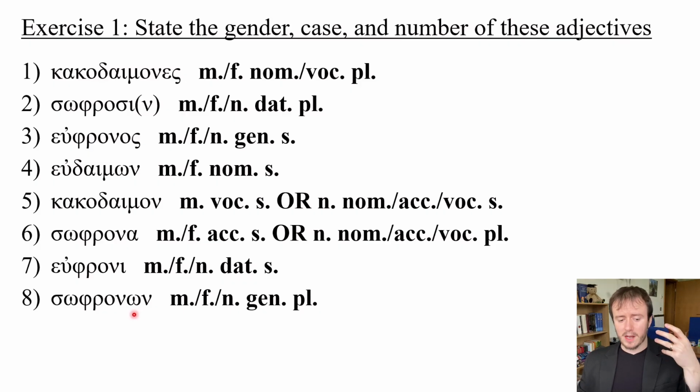You'll have the ending on, but it will be a shorter form. It would be sorpron, for example. But when you have the oblique stem ending in on being used, then the ending in orn is genitive plural, rather than masculine or feminine nominative singular.